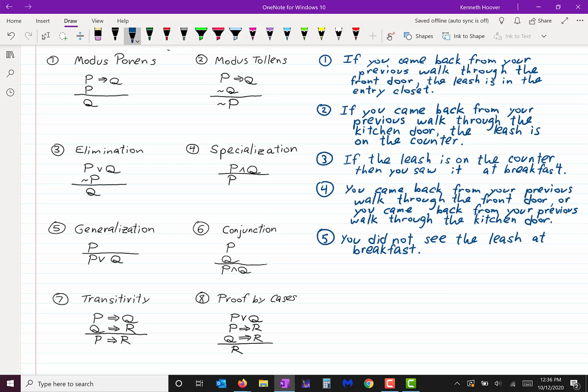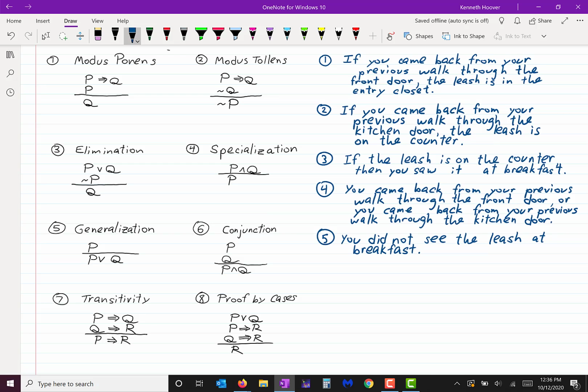But inside of them, there are 5 smaller statements, like the first one. If you came back from your previous walk through the front door, the leash is in the entry closet. There are 2 statements inside of that one statement. One is you came back from your previous walk through the front door. And another statement I see is the leash is in the entry closet. And then premise number 1 says, if the one, then the other. Correct?